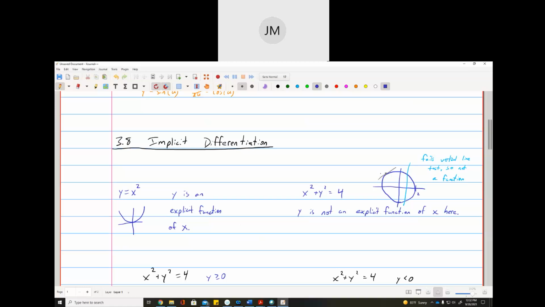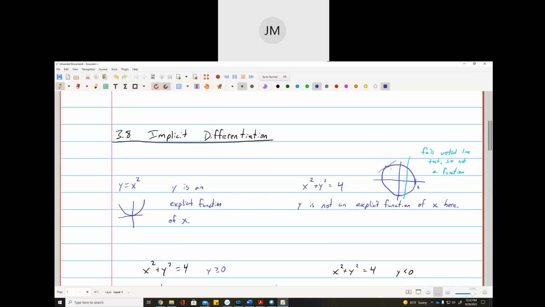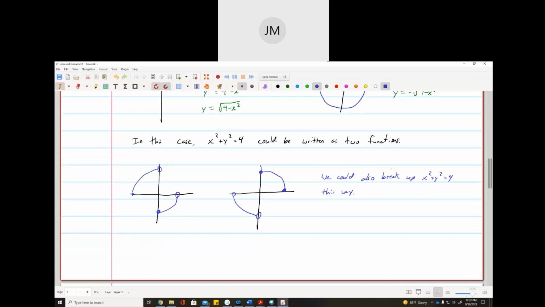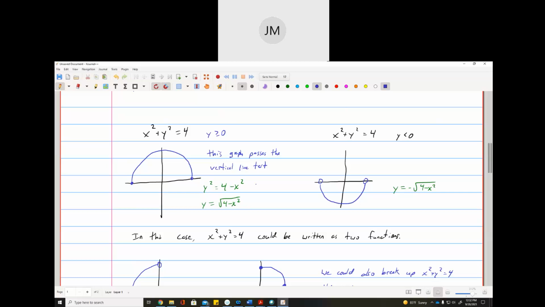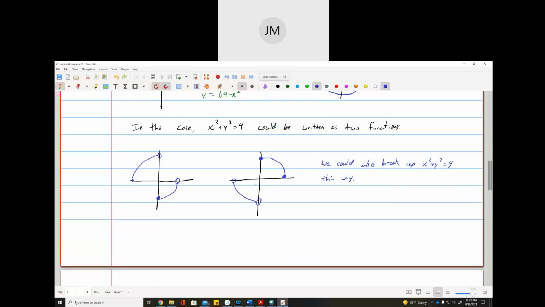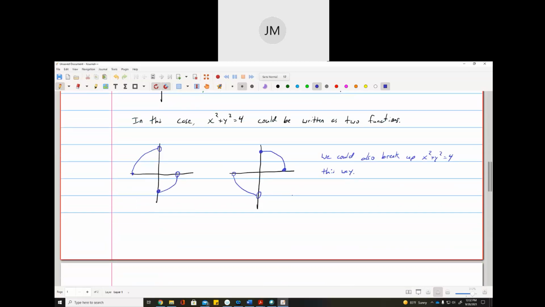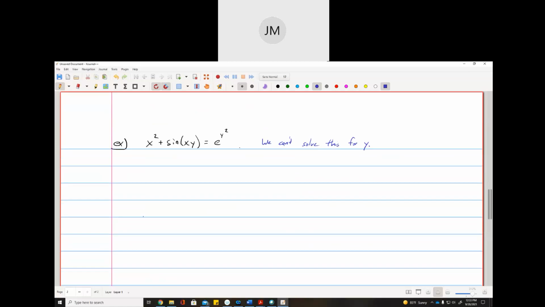If I just look really closely at that point, then I just see this bit of curve, and that's okay, that looks like a function. And it doesn't matter if I break it up in a natural way or in a crazy way, or if I don't really know how to break it up at all. As long as it looks like a function close to that point, it will act like a function, and then we can do our calculus on it.